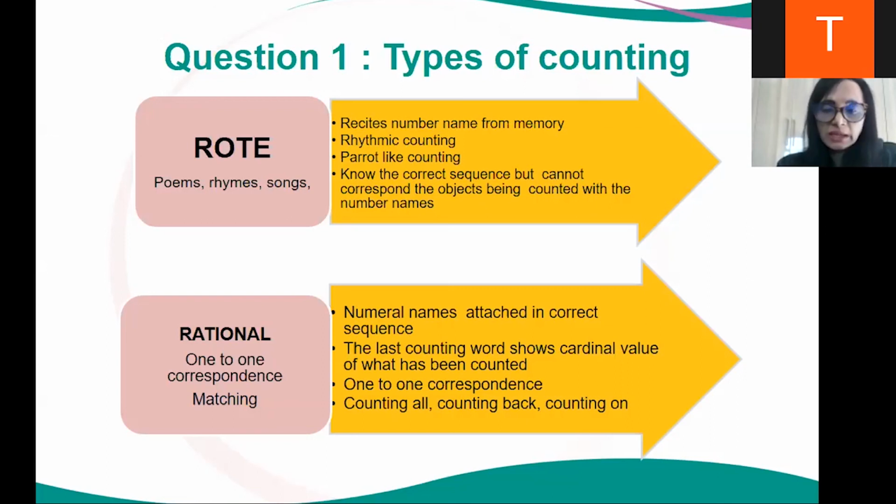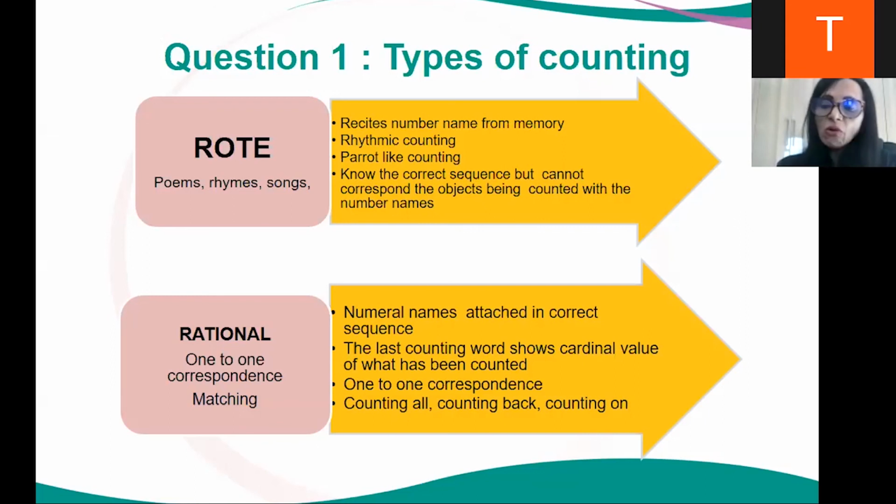My answer is 8. Then you have another strategy called counting back, where the child, if you say to the child, I had 5 sweets and I ate 2 sweets, the child will say 5, 4, 3. Counting on, the same example as I've given you, a set of 3 counters and a set of 5 counters.